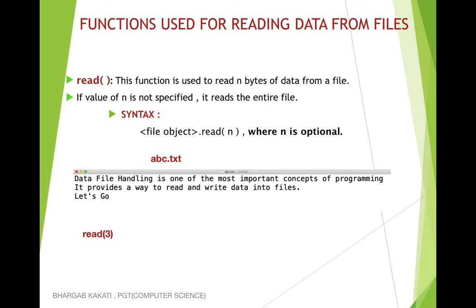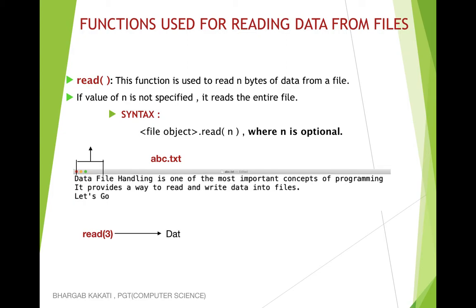Now, if you look from the left hand side, what are the first 3 bytes? It is DAT. So, what will be displayed through the Python output screen, or what will be read? Only the first 3 bytes, that is DAT. That means from D to T it will be extracted and brought to the Python program.